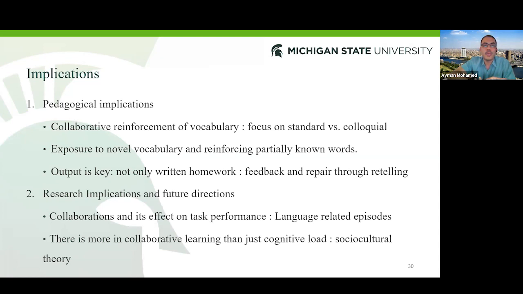Also, the effect on something that we did not touch upon in this study is language-related episodes. This was not analyzed yet, but we were faced with the reality of remote teaching.